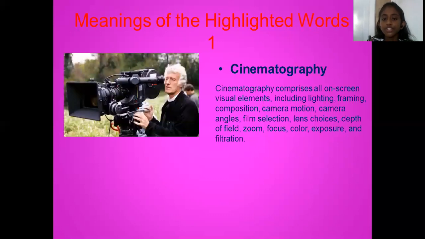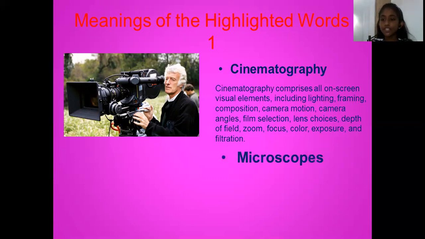So this is the picture of the cinematography. So we use these kinds of things when we train to make a movie kind of thing like that.